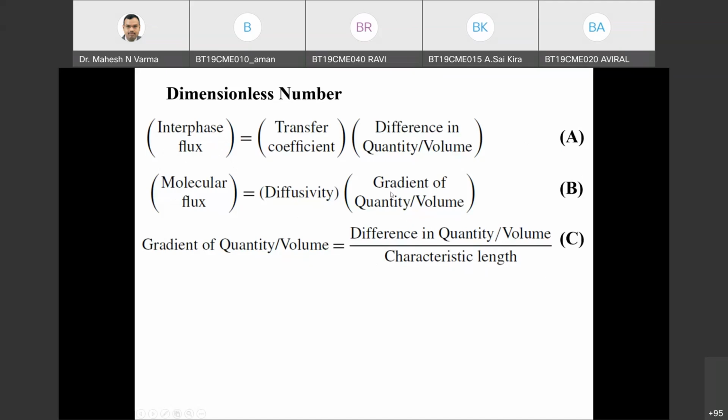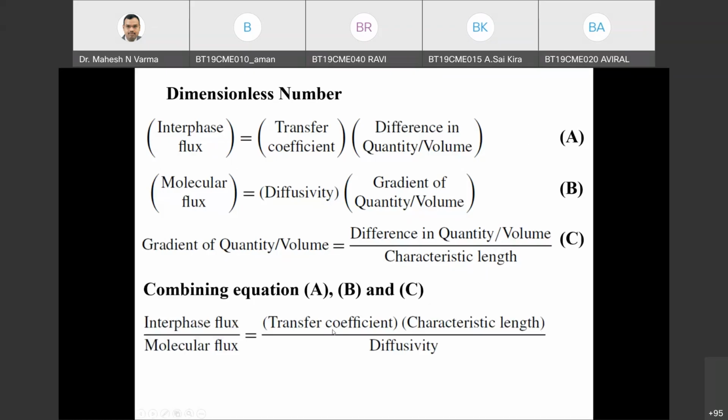And rearrange this. The gradient of quantity per unit volume will be equal to the difference in quantity per unit volume divided by the characteristic length. So, combining equations A, B, and C, the interface flux divided by molecular flux will be equal to the transfer coefficient divided by diffusivity, multiplied by the difference in quantity per unit volume, which has units of difference in quantity per unit volume divided by characteristic length.